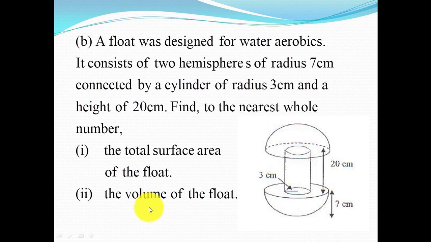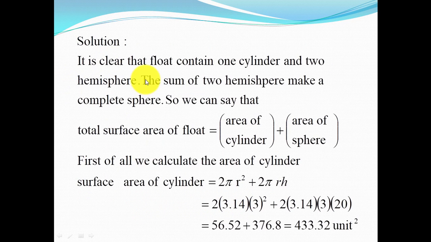We adopt a similar method for the volume of the floor. Solution: it is clear now. How can we write the clear solution? It is clear that the floor contains one cylinder and two hemispheres. The sum of two hemispheres makes a complete sphere, as I explained in the previous slides from the figure.